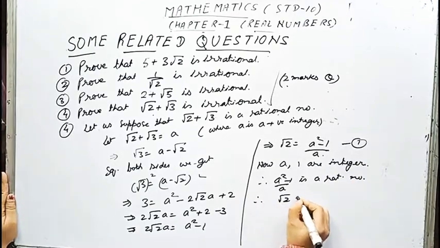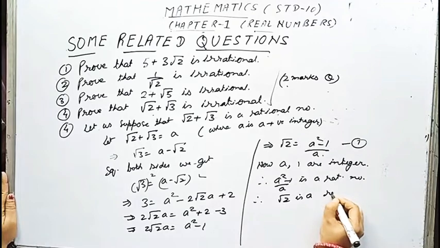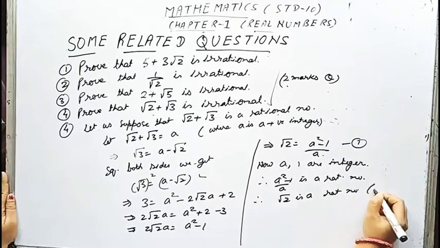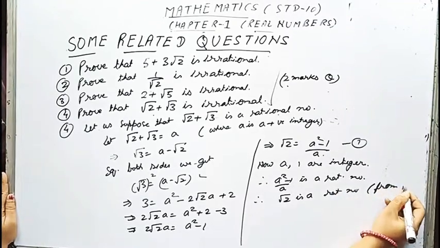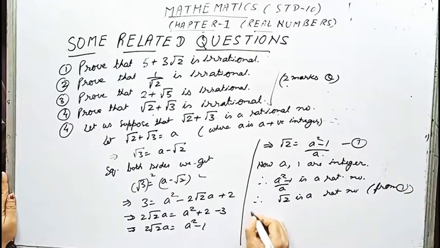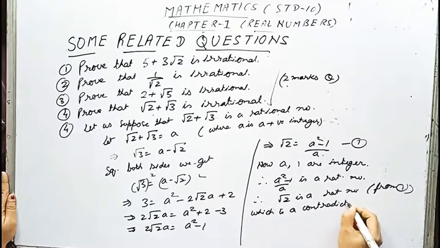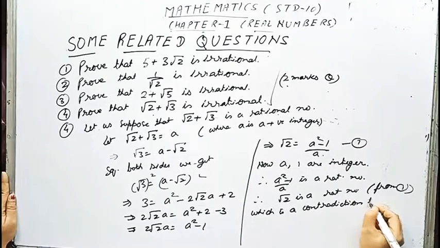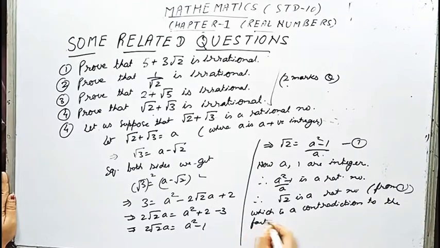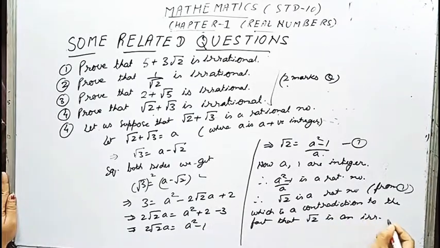Therefore root 2 is a rational number, which is a contradiction to the fact that root 2 is an irrational number.